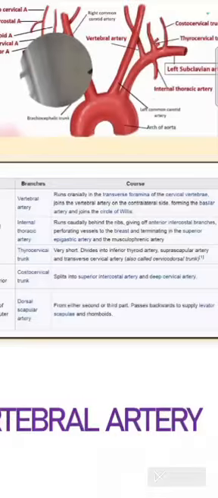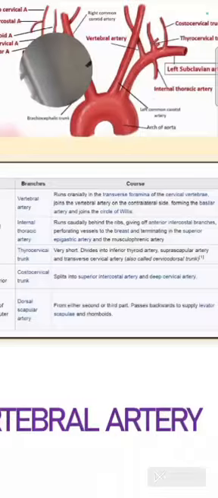This costocervical trunk divides into superior intercostal artery and deep cervical artery. And the third part, from the lateral border of scalenus anterior muscle to the outer border of the first rib, has only one branch, the dorsal scapular artery.